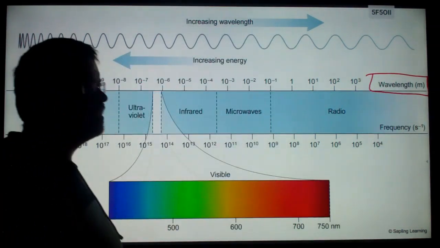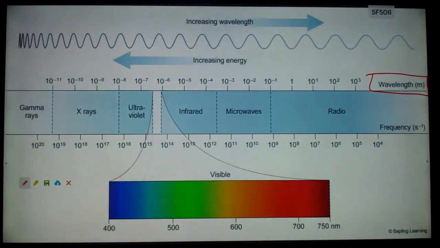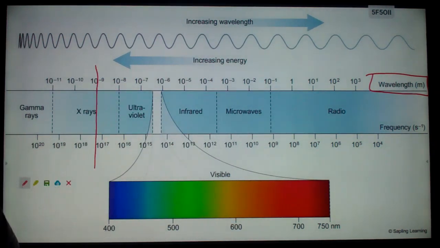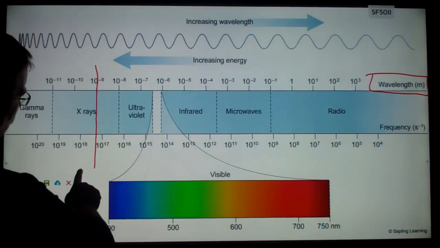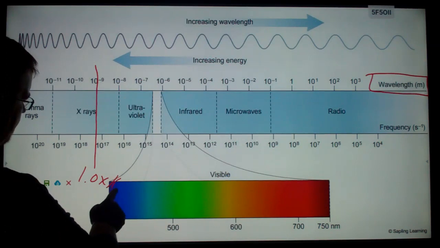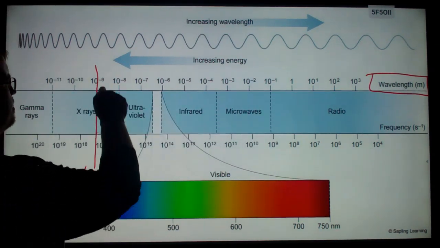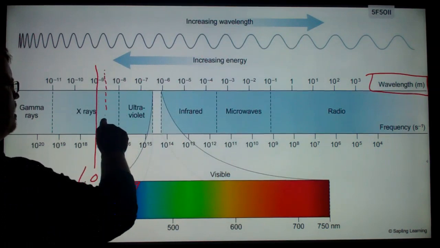And it's in meters, so in this case I'm dealing with 4.25 times 10 to the negative 9. Find where negative 9 is, so it's right here, 10 to the negative 9. And remember, at that point, that's 1.0 times 10 to the negative 9. And it increases as I go to the right. So it's 4.25, about halfway between these two, just a little less.